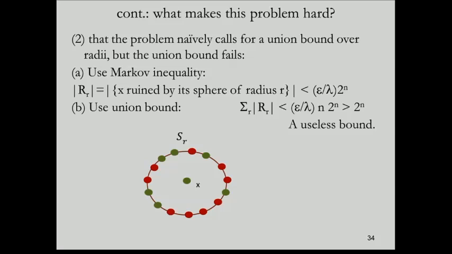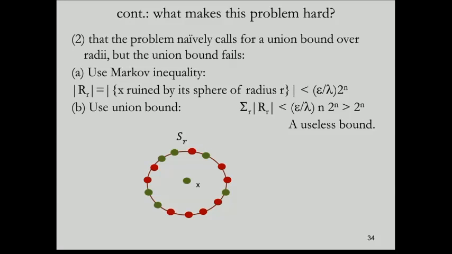It's easy to see by Markov's inequality that the number of those points cannot be bigger than epsilon over lambda to the n. However, if we wanted to say what happens for all radii, then we would have to take a union bound, summing over all radii of these bad or ruined sets, and we get something useless because the dimension n comes into play.